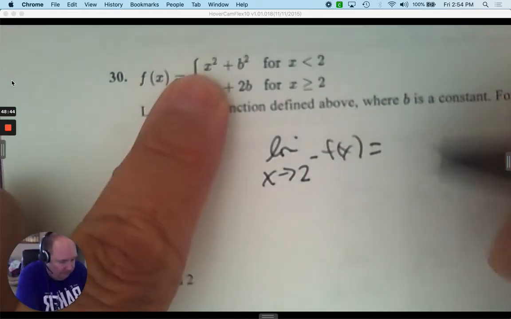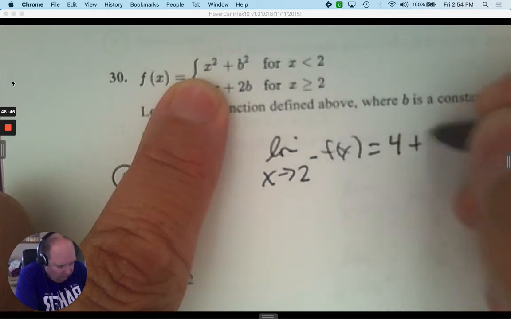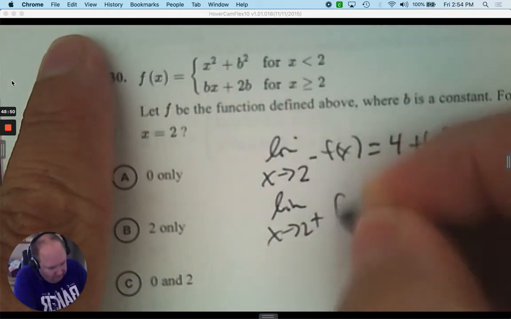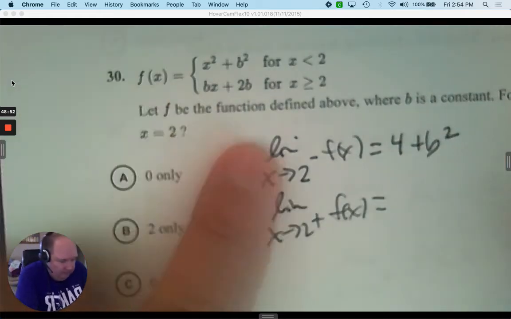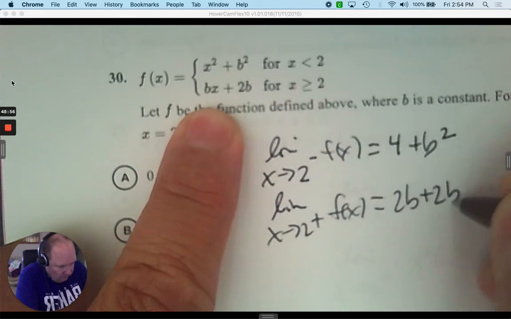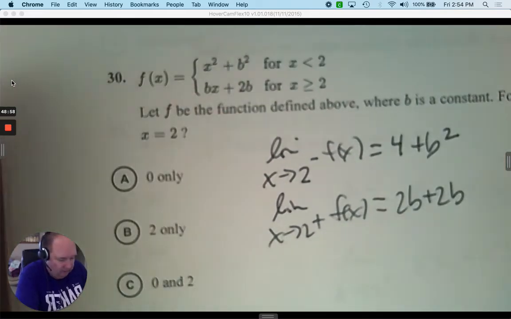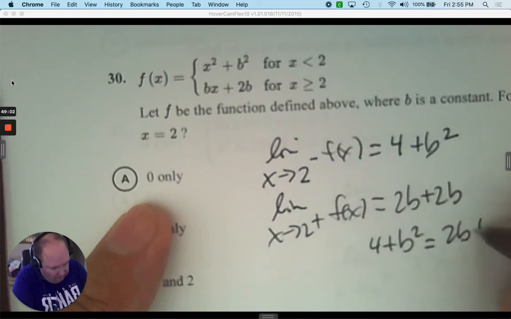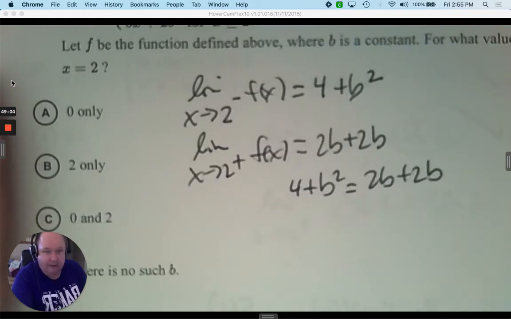So for the left, plug in 2, you get 4 plus b squared. For the right limit, you get 2b plus 2b, and then you'd make them equal to each other. So 4 plus b squared is equal to 2b plus 2b, and then you would solve it.